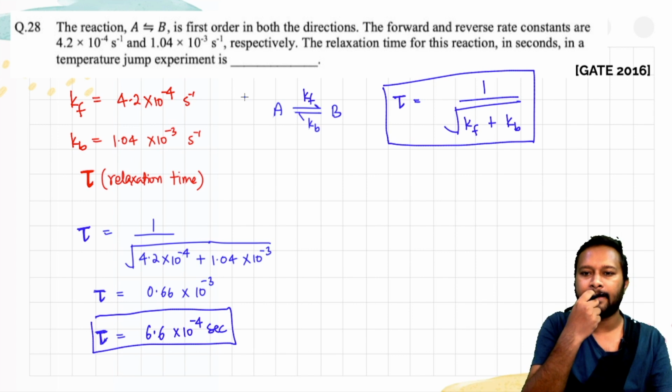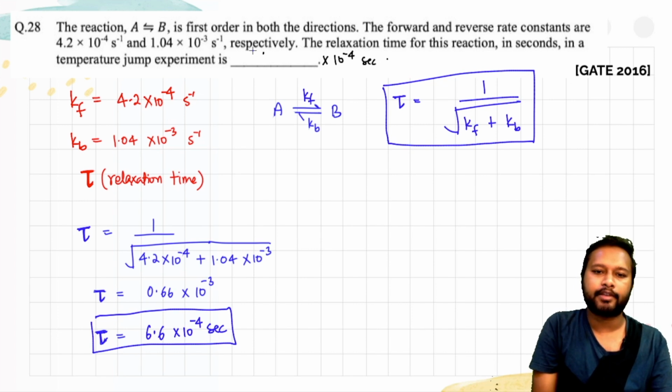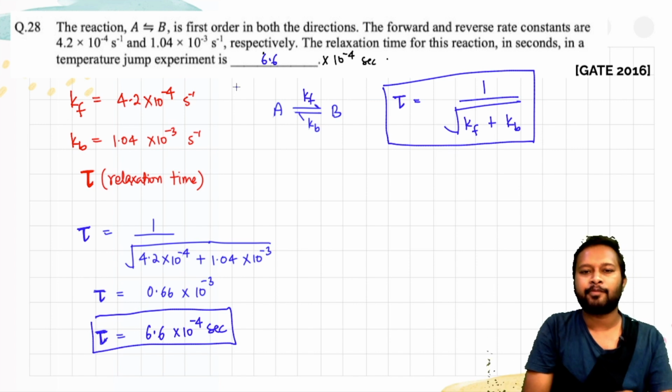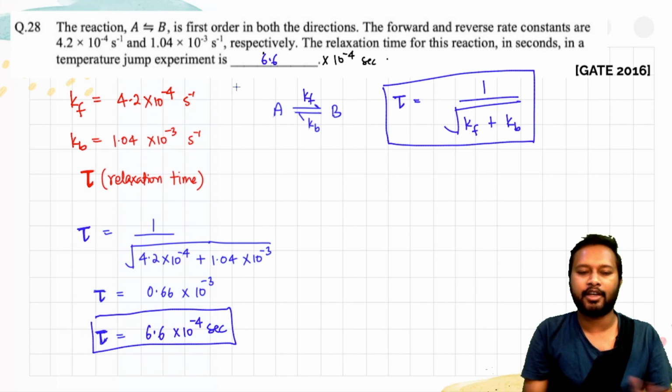It should have mentioned that the relaxation time for the reaction in the temperature jump experiment is given in units of 10 to the power minus 4 seconds. So the value which you just have to put as the answer is 6.6. Alright, so this is how this question has to be done. Just note down this formula if you have not written it down somewhere.